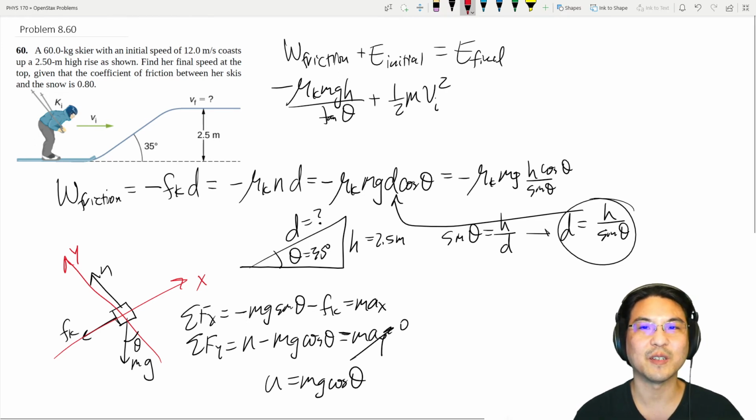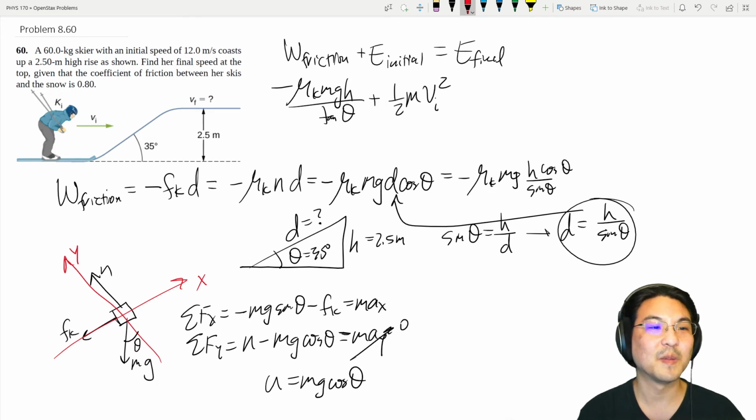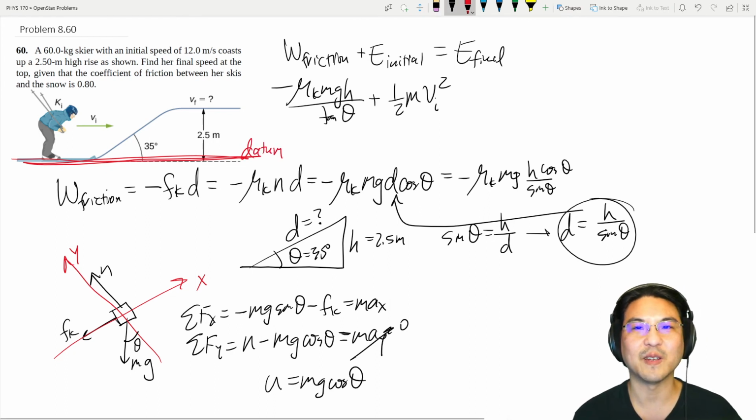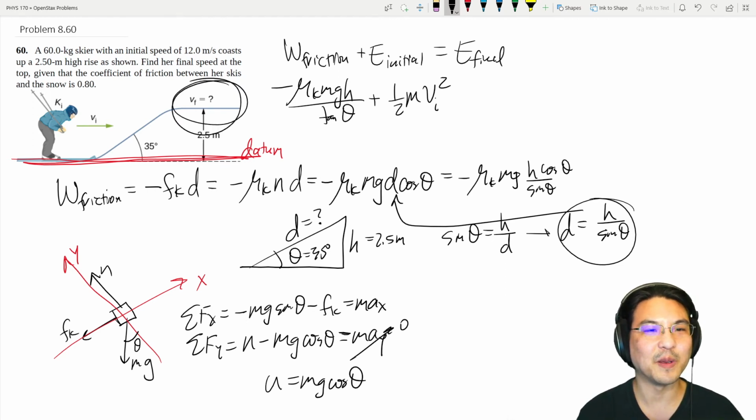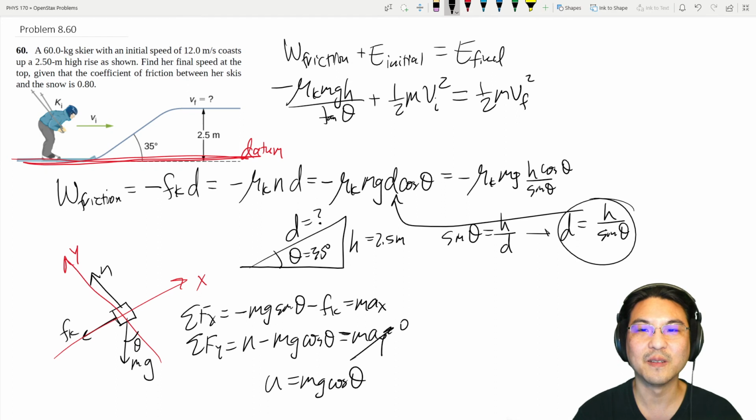Gravitational potential energy depends where we pick the datum. So how about we pick the datum right here? So initially the skier is at the datum, so no gravitational potential energy. Okay, and then when the skier is up here, going this fast, 1/2 m v final squared. And now the skier is above the datum by h, 2.5 meters.